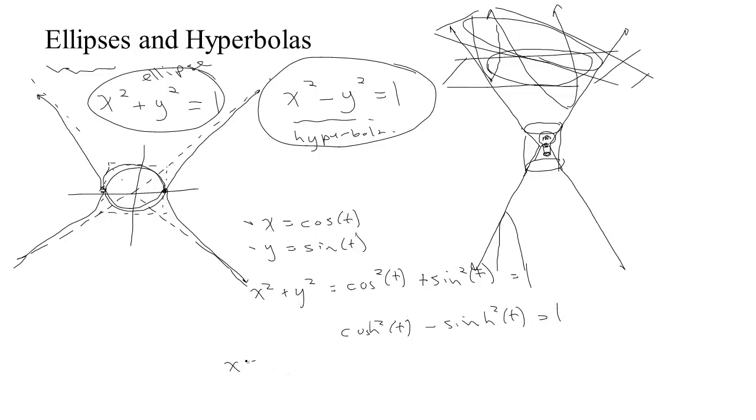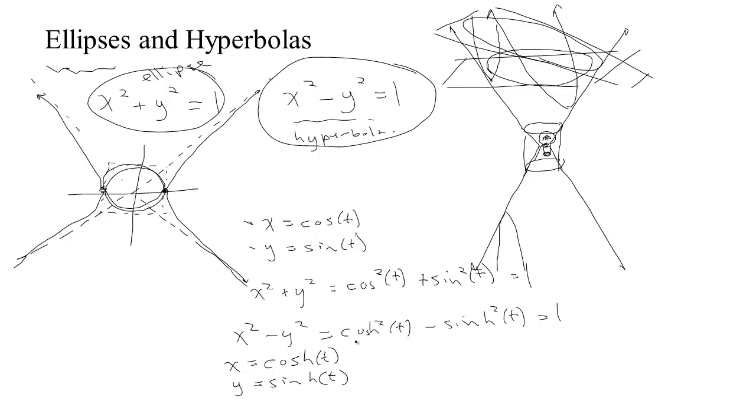So in that sense, the hyperbolic cosine and sine, if I make x be the hyperbolic cosine and y be the hyperbolic sine, then x squared minus y squared will automatically be equal to 1. So the hyperbolic sine and cosine are great for parameterizing hyperbolas, which are closely related to ellipses. That sort of explains why hyperbolic and why the similarity in the names.